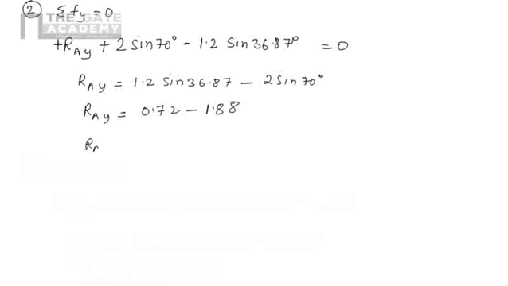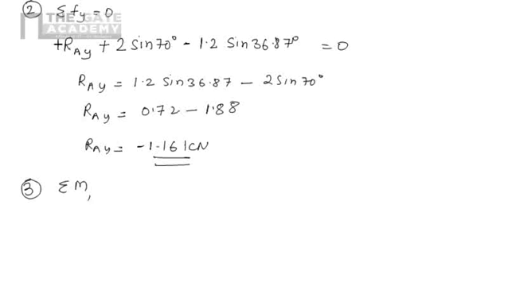So if we calculate this, we will get a value of minus 1.16 kilonewton for Ray, and the negative sign shows it is in the minus y direction.